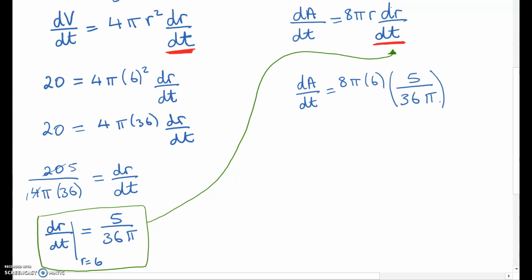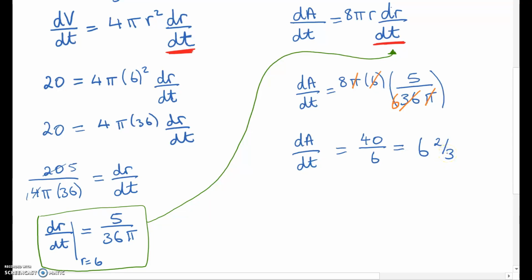Now let's see what happens here. Immediately, the pi's will cancel. 6 goes into 6 once, and 6 goes into 36 six times. It's getting a little bit messy, I apologize for that, but that gives you dA/dt is equal to 8 fives are 40 over 6, which is 6 and 4/6, or 6 and 2/3.